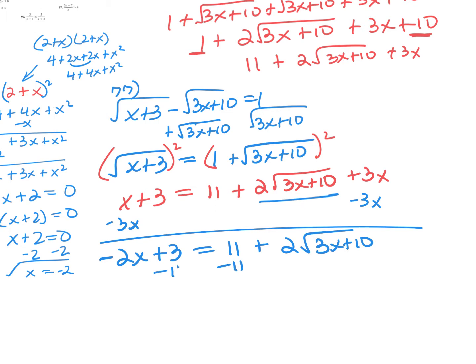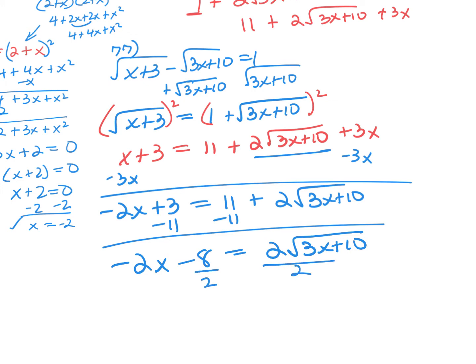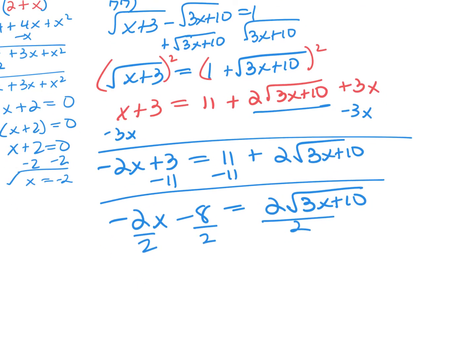Move the 11. -2x minus 8 equals 2 times the square root of 3x plus 10. Now, if you want to divide everything by 2, we can do this. So then I'm left with -x minus 4 equals the square root of 3x plus 10.